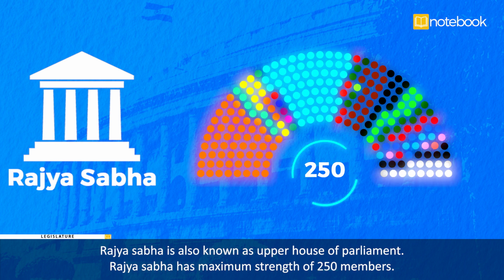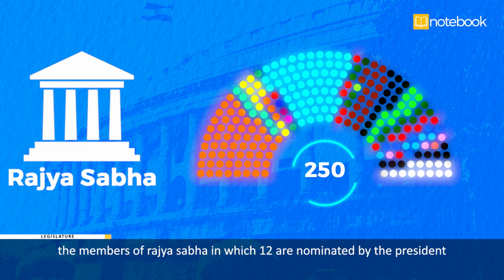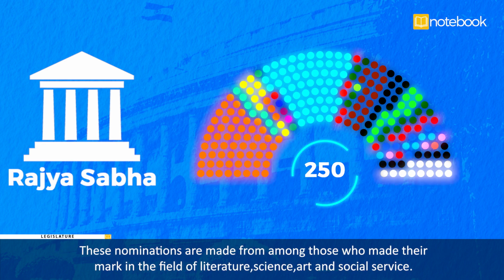Rajya Sabha is also known as the upper house of Parliament. Rajya Sabha has a maximum strength of 250 members. The elected members of the State Legislative Assembly elect the members of the Rajya Sabha, in which 12 are nominated by the President. These nominations are made from among those who made their mark in the fields of literature, science, art, and social service.